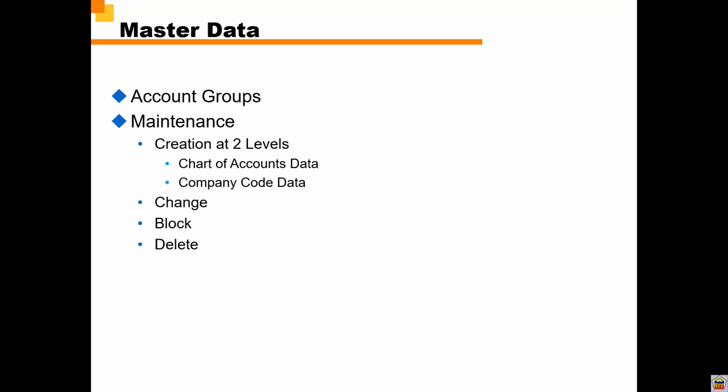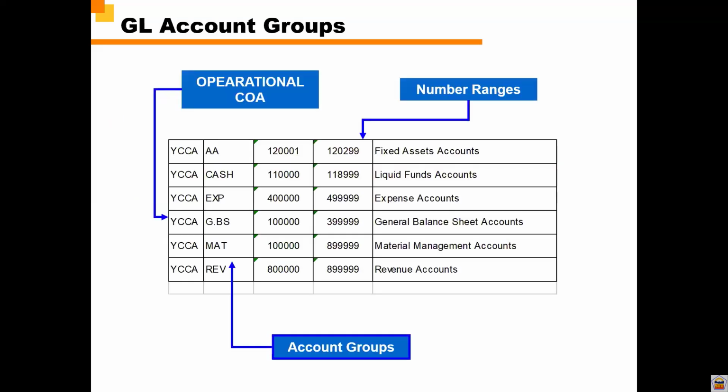Before we create any GL, we need to create the GL account group. And that is what we have done in the basic setting under the chart of account. If you remember, we have maintained different account groups with the name liability, income, expense, secondary, cash account. So these are the account groups we have created. Now under these account groups, we are going to create the GLs.